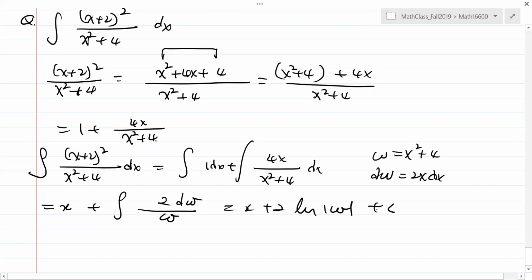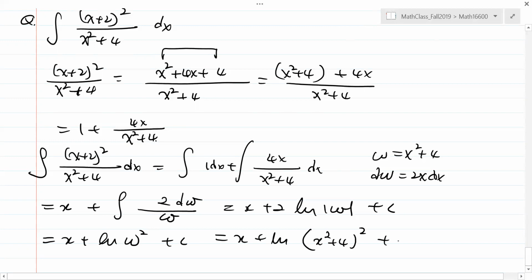You can move the 2 inside, that's ln w squared. You can simply write w squared, then you don't need an absolute value because w squared is always positive. So what is w? W is x squared plus 4, then squared. So this is the answer.